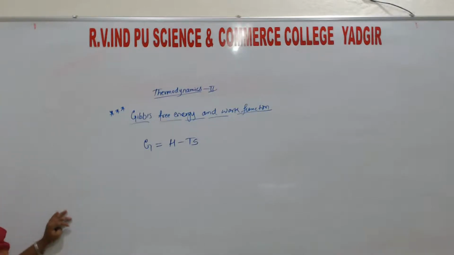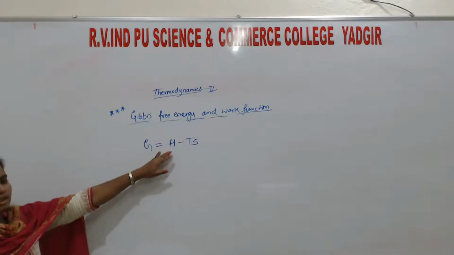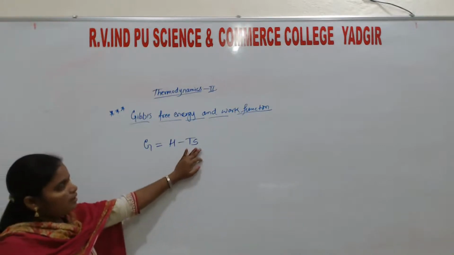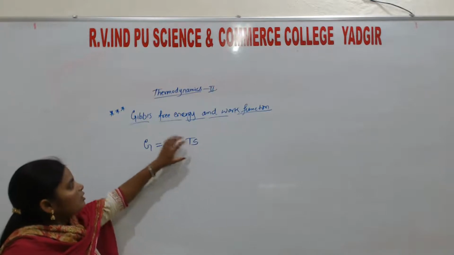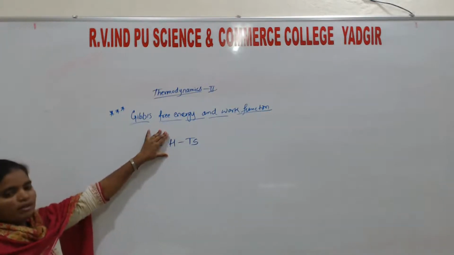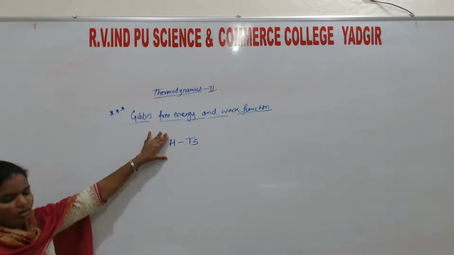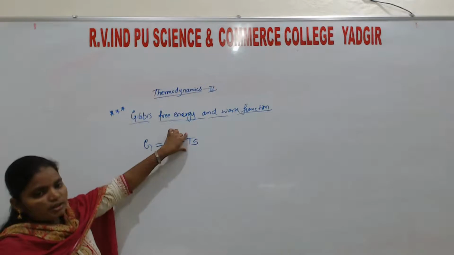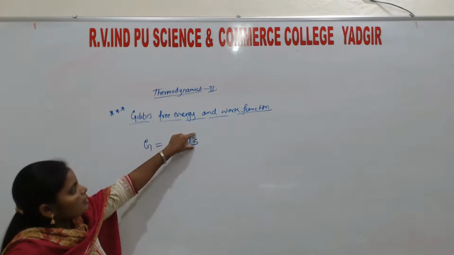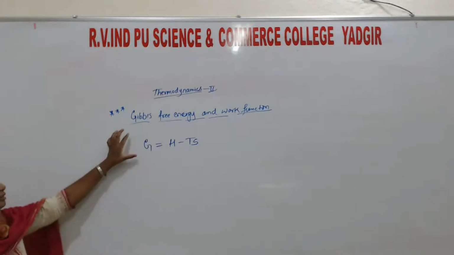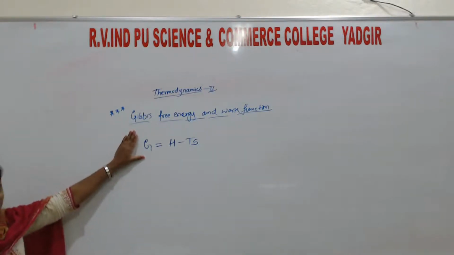Here H is the heat or enthalpy of the system, T is its absolute temperature, and S is its entropy. G is the Gibbs energy, denoted as G.